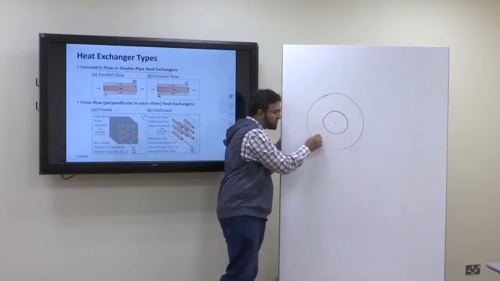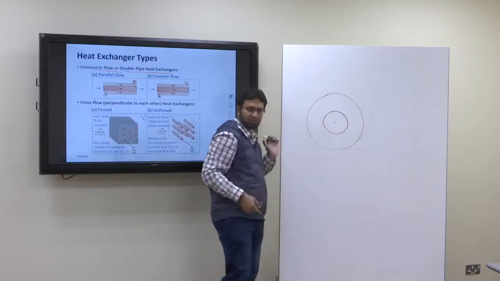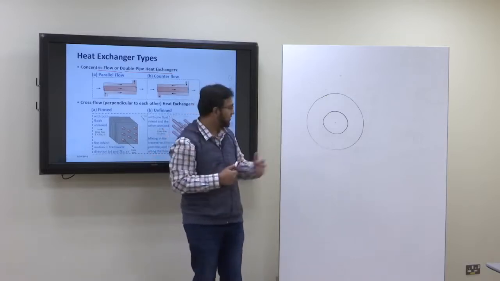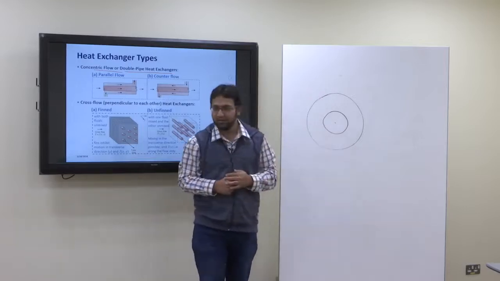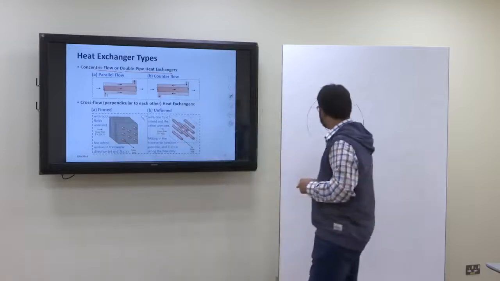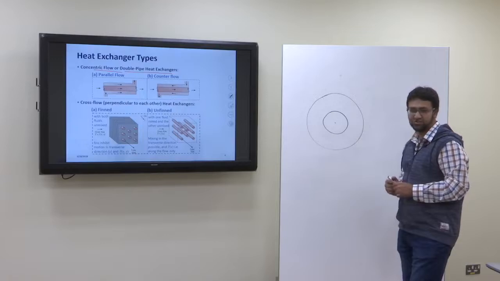The two fluids are separated, one moving inside while the other moves in the annular region, and if there is a temperature difference, there will be heat transfer. As simple as that. So this is known as a concentric flow double pipe heat exchanger.